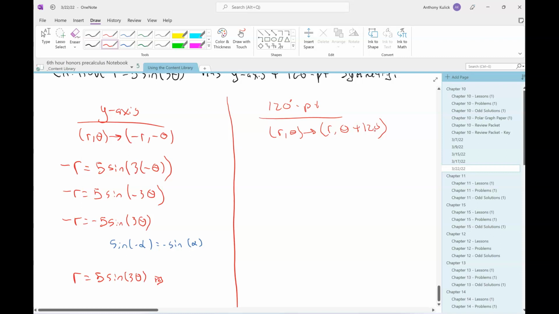So to do the 120 degree point symmetry, I'm going to do nothing with r. That's just going to stay r. But in place of theta, I'm going to write theta plus 120 degrees. Well, I can distribute my 3 now.